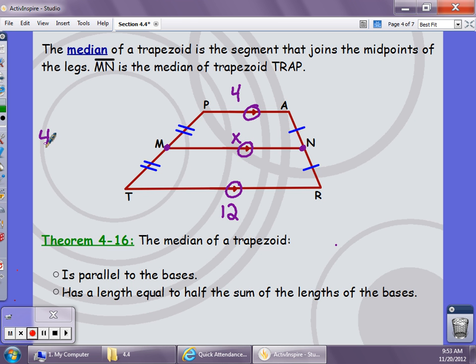So I'm going to take base 1, which is PA, add it to base 2, which is TR. I'm going to take half of that, and that is going to equal MN, which is the median. So 4 plus 12 is 16, and 16 divided by 2 gives me a median length of 8.